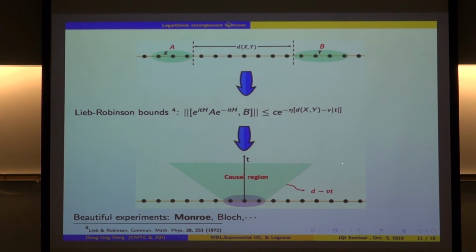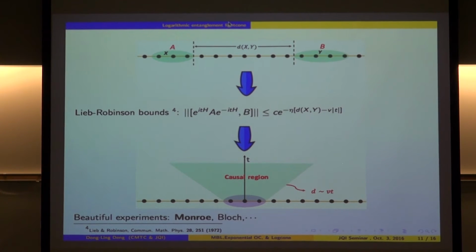Then Lieb and Robinson were able to derive this famous inequality. Here, this double vertical line means the operator norm, and C and eta are some positive constant numbers. And this V is the so-called Lieb-Robinson velocity, which is an analog of the speed of light.